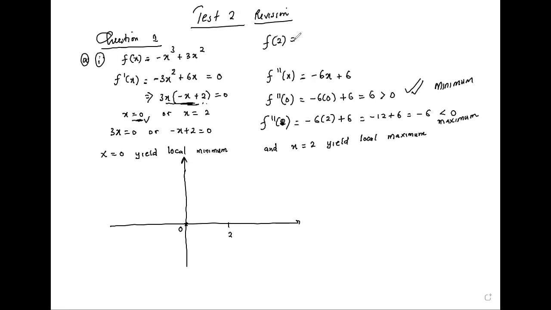So we'll have minus 2 to the power 3 plus 3 times 2 squared. That would be minus 8 plus 12, which is 4. So we get (2,4). And the other one is (0,0). So 0 is minimum. If it's minimum, then we'll have to come like this.